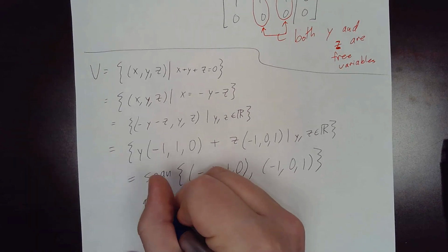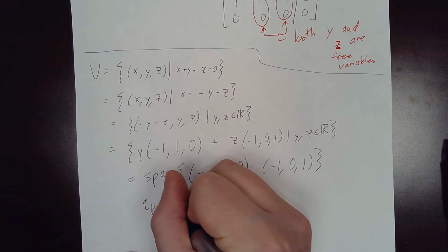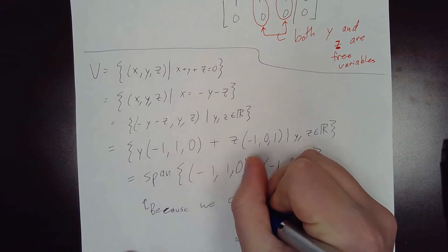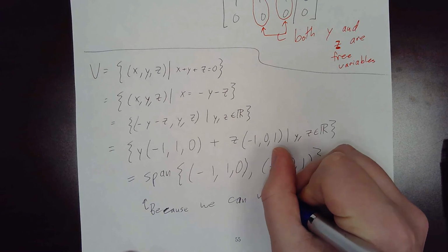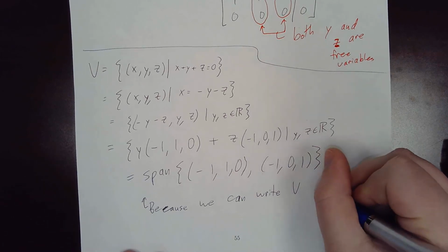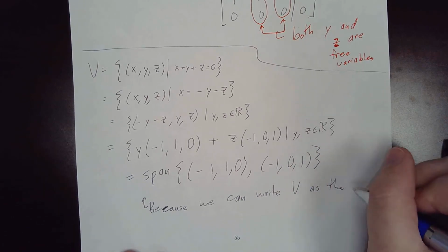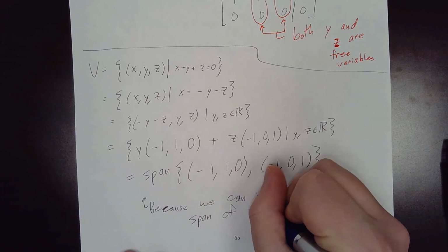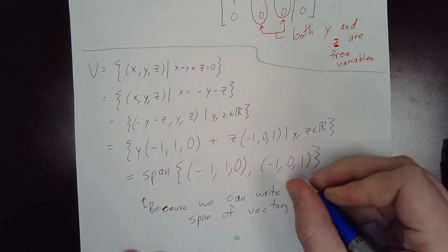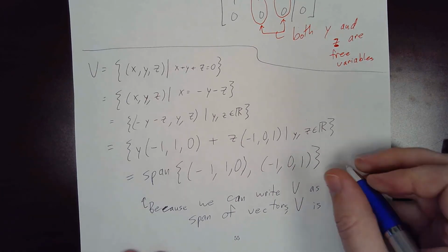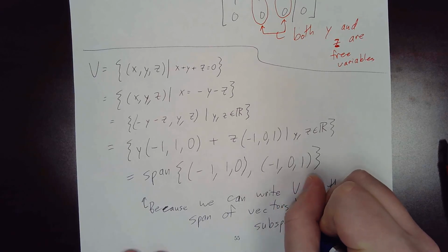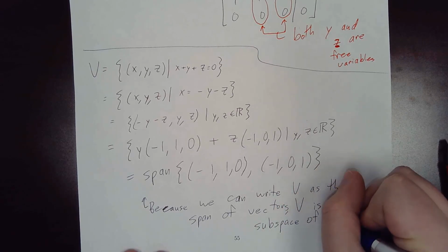So, because we can write V as the span of vectors, V is a subspace of R3.